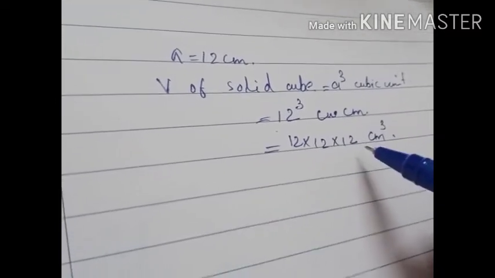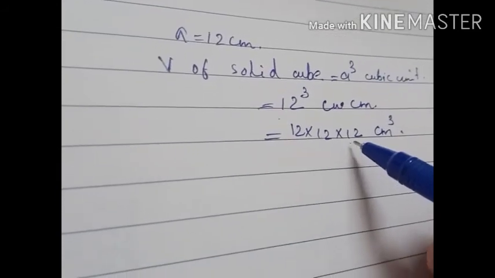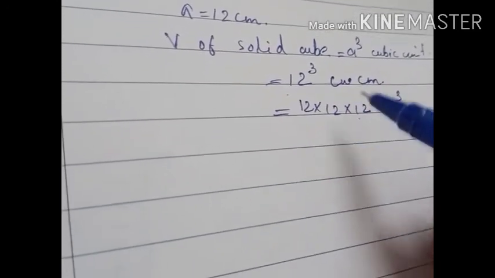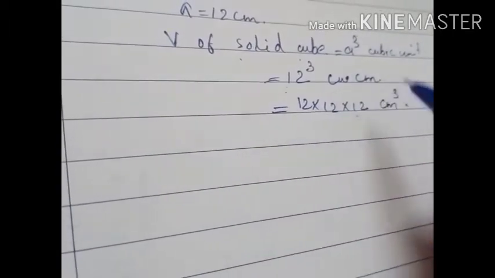No need to simplify that here because this is not our final answer. Then in the question it is given that this solid cube is cut into 8 cubes of equal volumes.